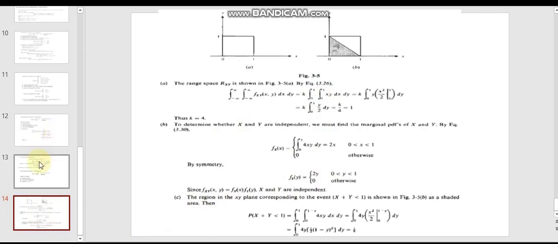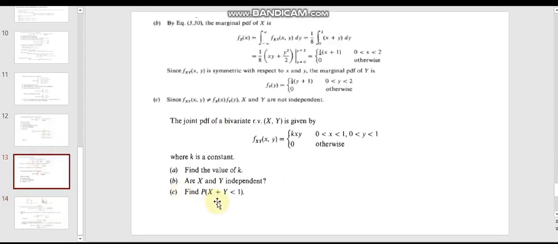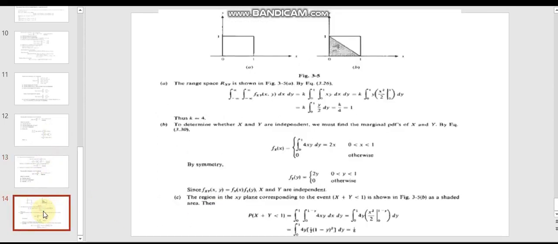Now the C part was to find the probability that the random variable x plus y is less than 1. In this case, this is along the y axis and this is along the x axis. When x and y are 0, x approaches 1 and y is 0; and y approaches 1 when x is equal to 0.